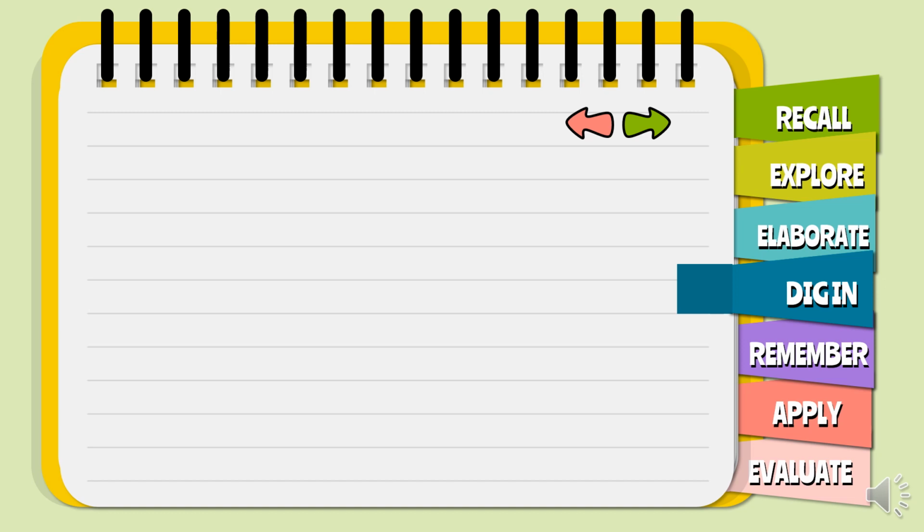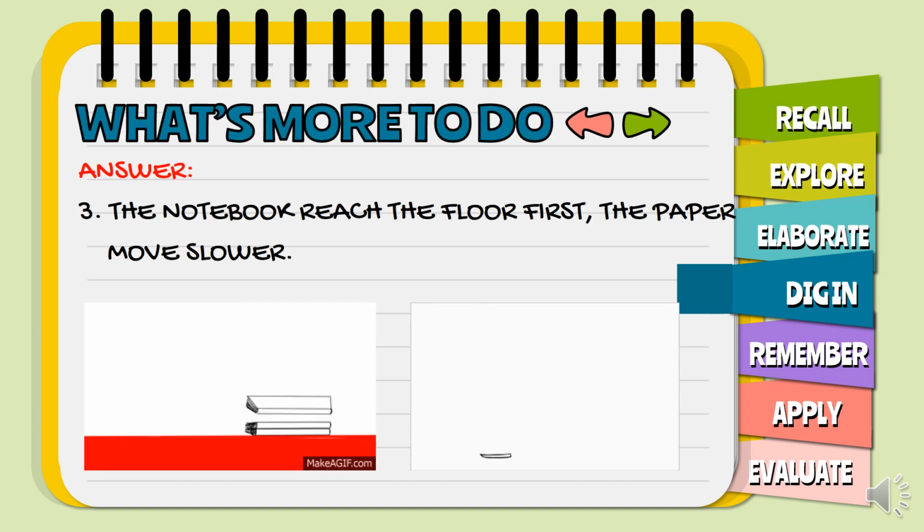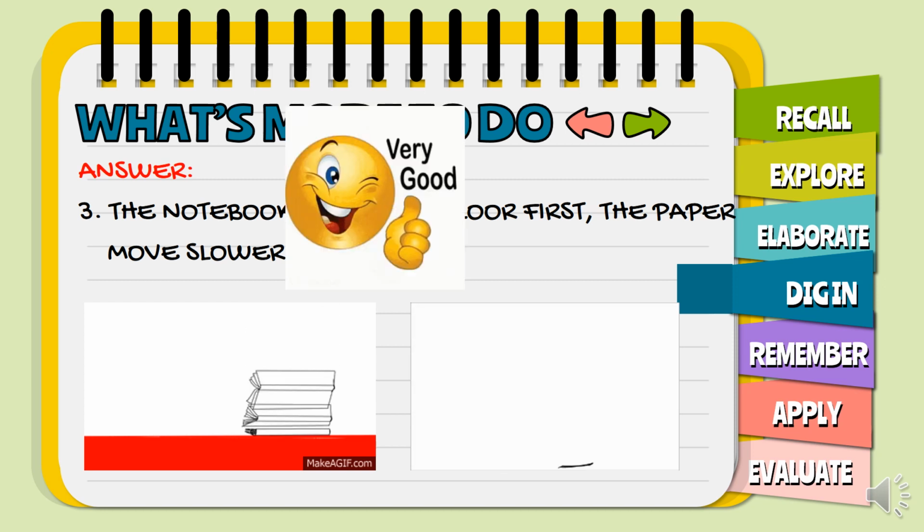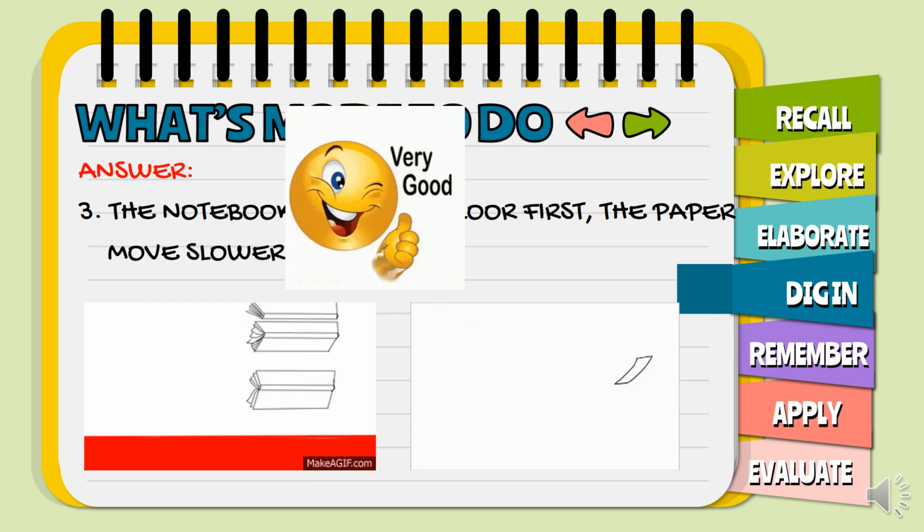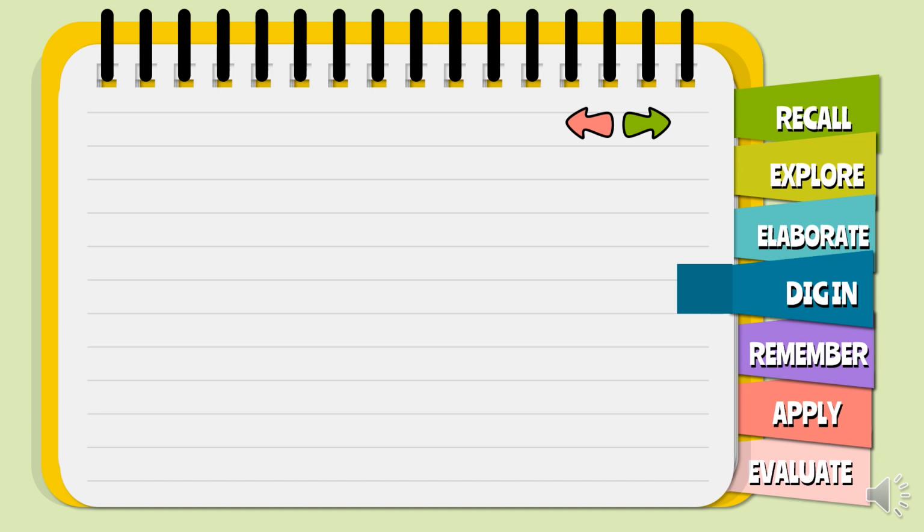Number 3. The notebook reached the floor first. The paper moved slower. Did you get the correct answer? Very good. Number 4.